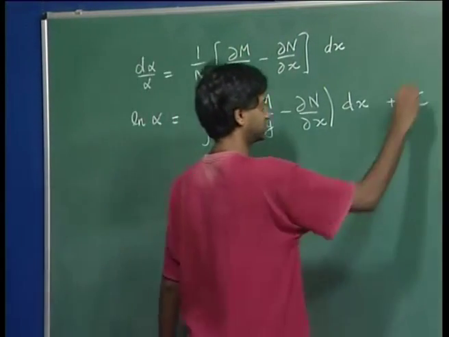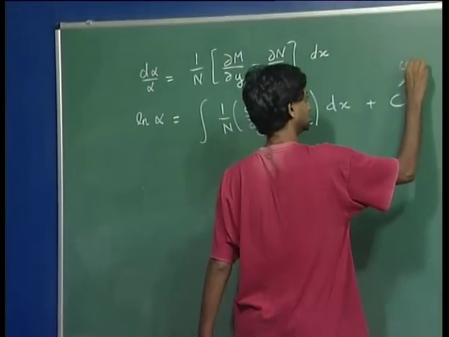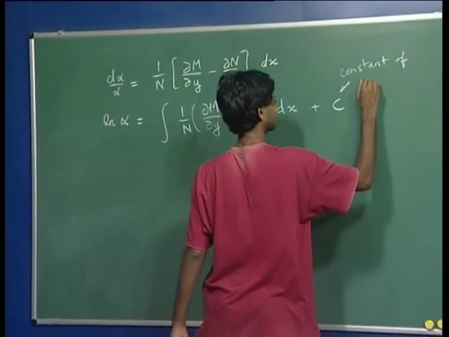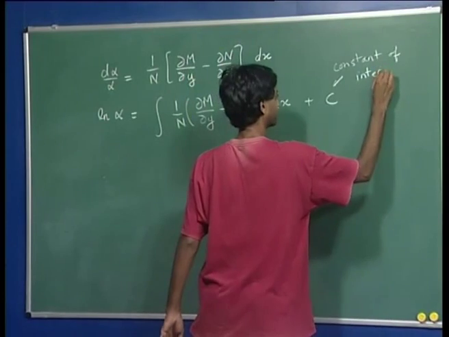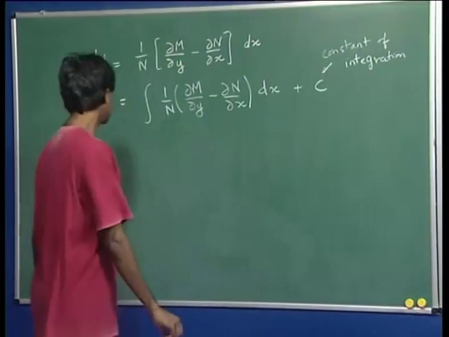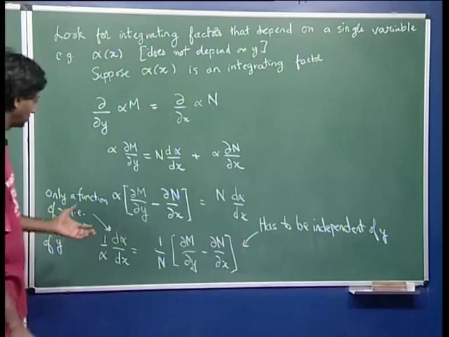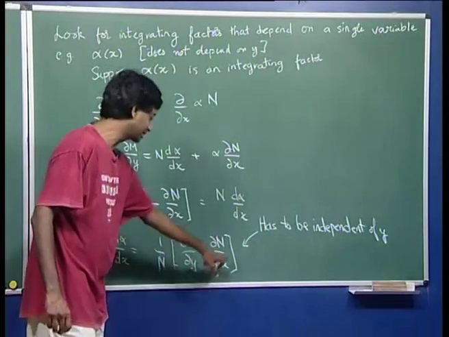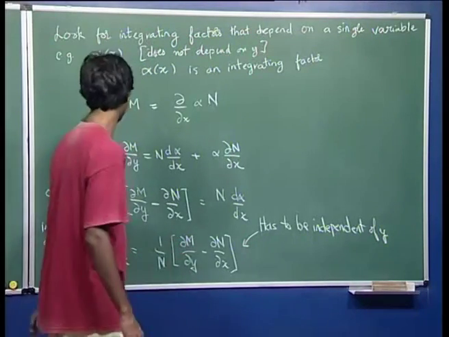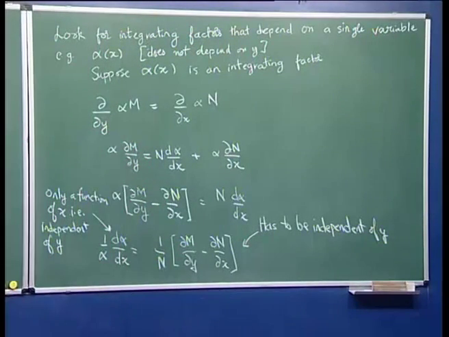So, this is the constant of integration. Okay. So, the strategy is you calculate this quantity and you see if it is a function of x. If it is a function of x, then you are done, you have your integration factor.